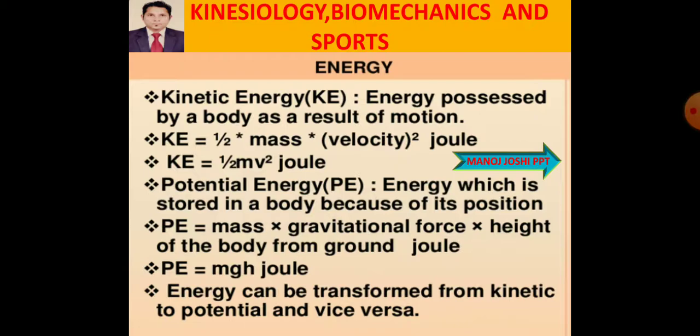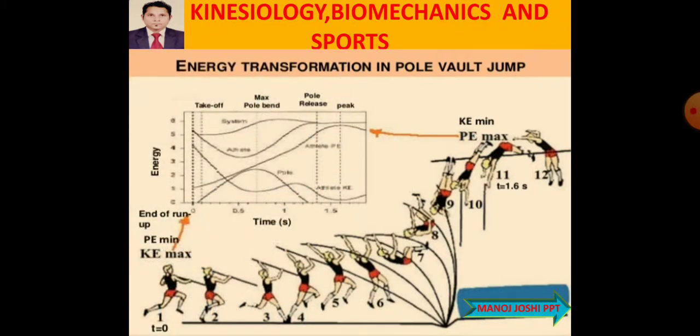Then energy transformation is there. In sports we have seen various times the energy transformation. One form of energy is changed into another form, like in the case of the pole vault.